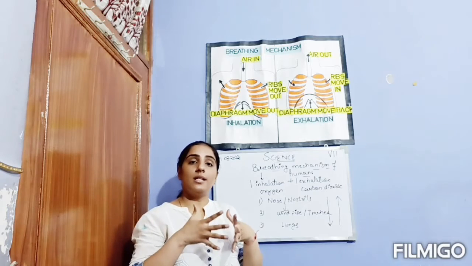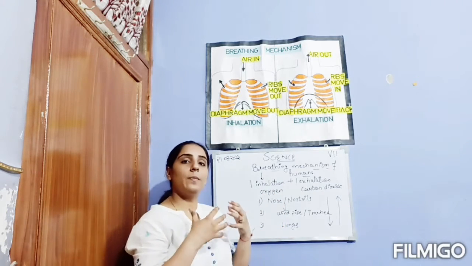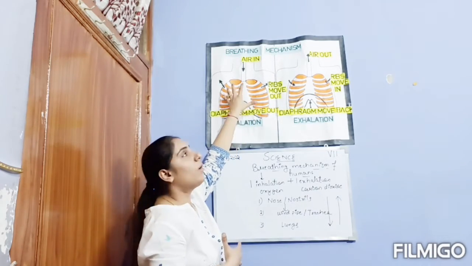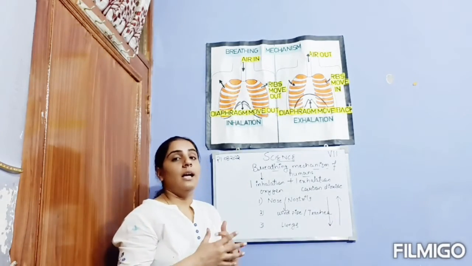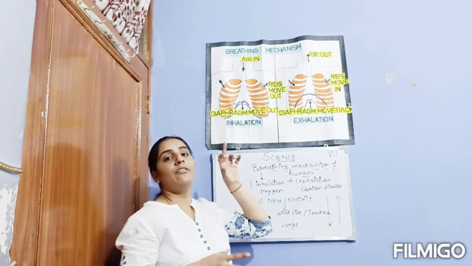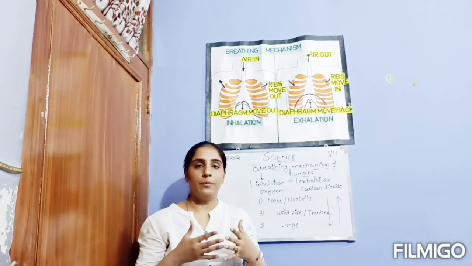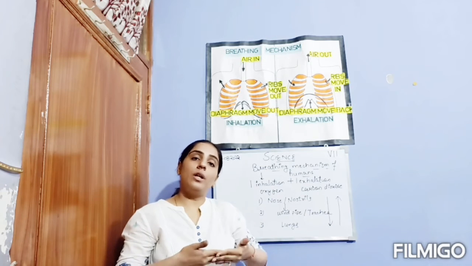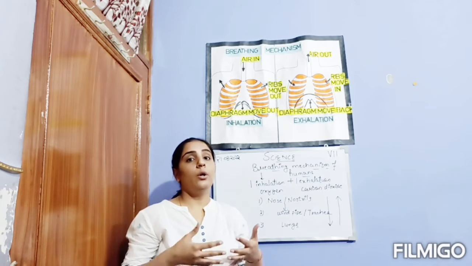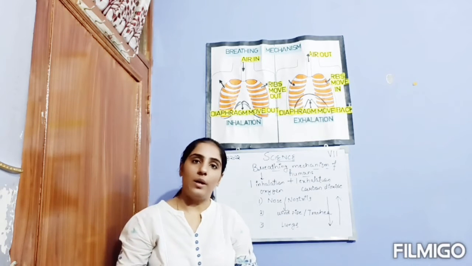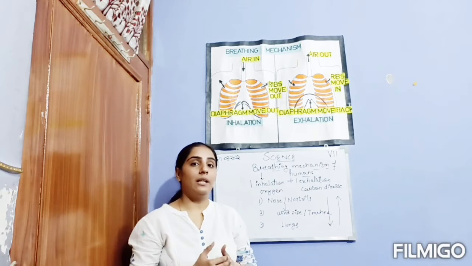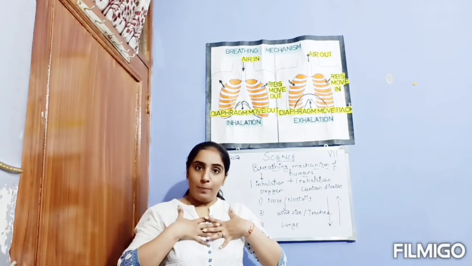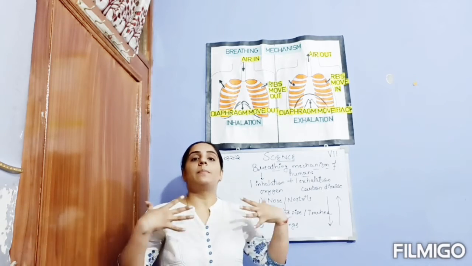When something is expanding in size, more space is created in the lungs or the chest cavity, and more air can be taken in. At the same time, we have a diaphragm, which is a muscular organ present just below our rib cage. This diaphragm also moves a bit down in order to make more space for the air to come in. Just when we were taking the air in, we noticed that this part of our body expanded.